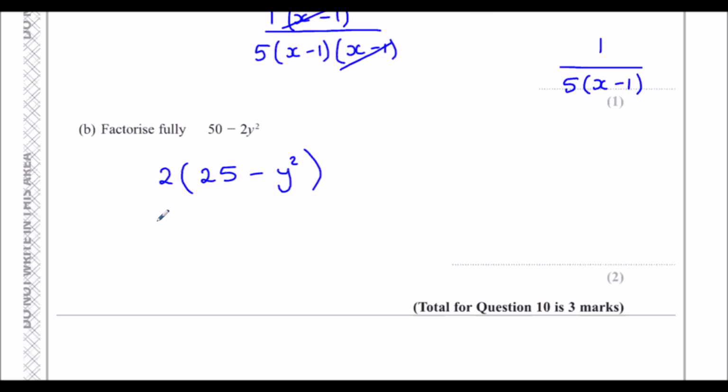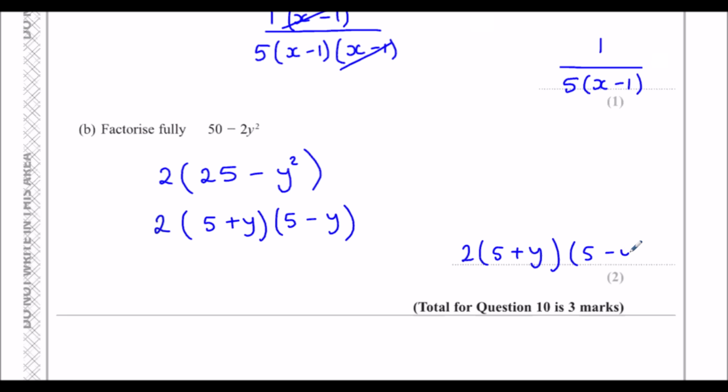So I can factorise them as 5 plus y and 5 minus y. So the difference of 2 squares, 2 square numbers with a minus in the middle, factorises to 5 plus y and 5 minus y. So now I've factorised fully. There's my answer.